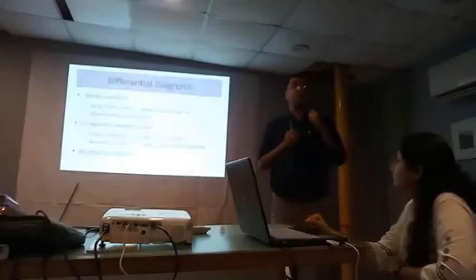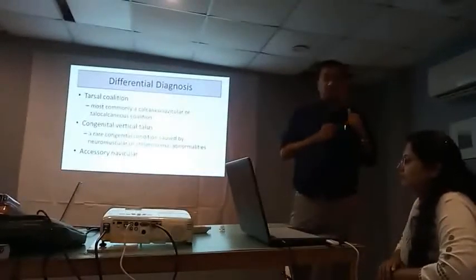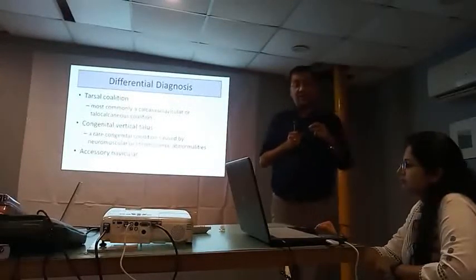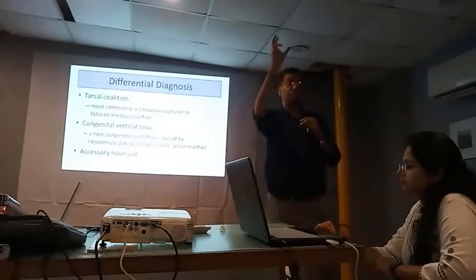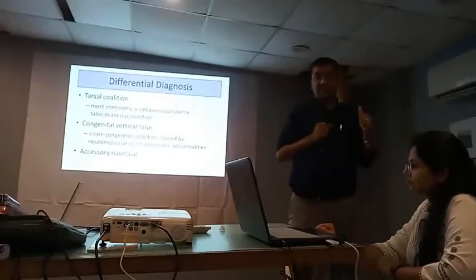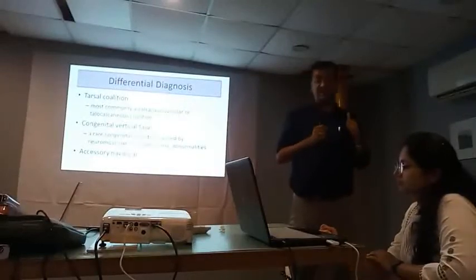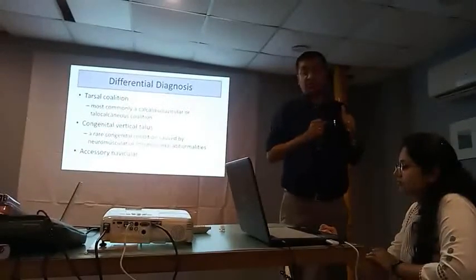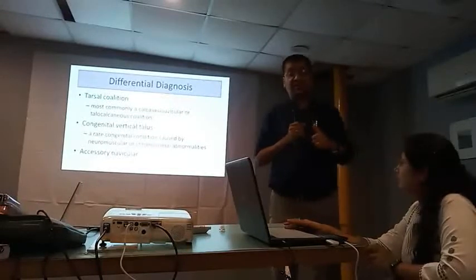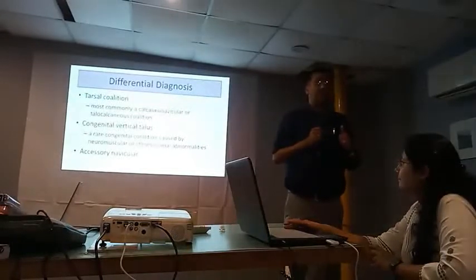Now, what could be the differential diagnosis? Tarsal coalition, most commonly calcaneonavicular or talocalcaneal coalition, with both bones fused together. Congenital vertical talus, a rare congenital condition caused by neuromuscular or chromosomal abnormalities. We have one patient with congenital vertical talus operated on by a pediatric orthopedic surgeon.